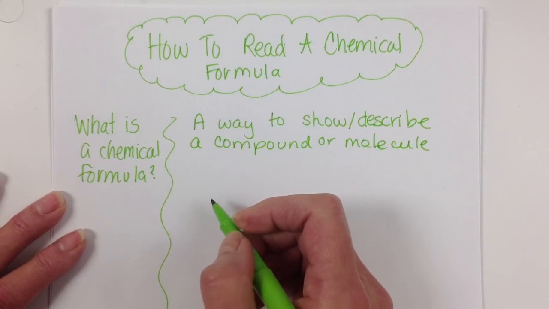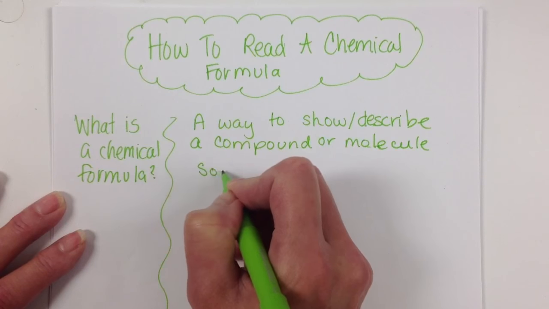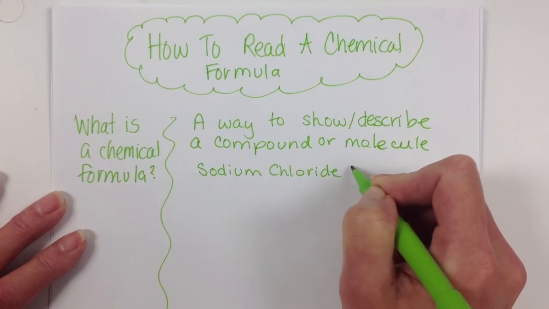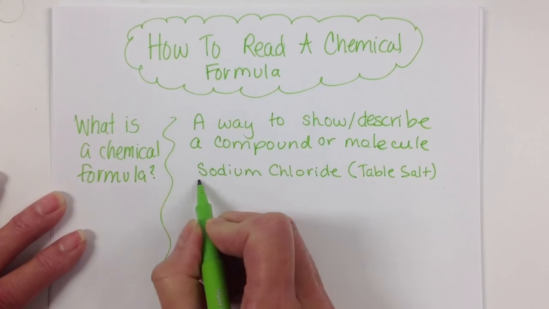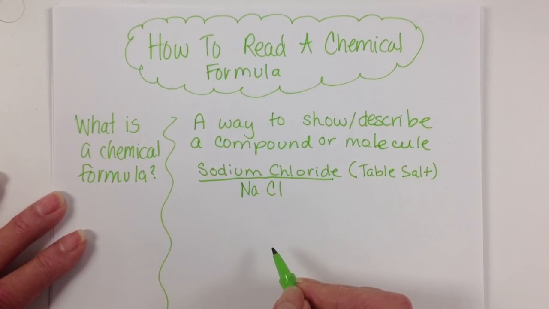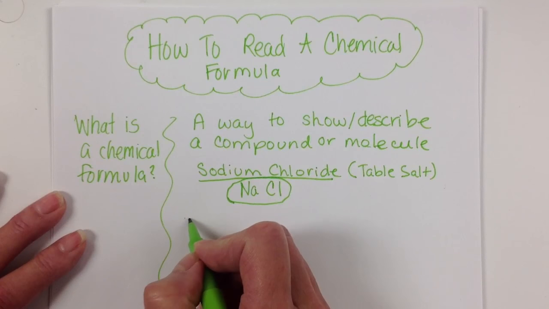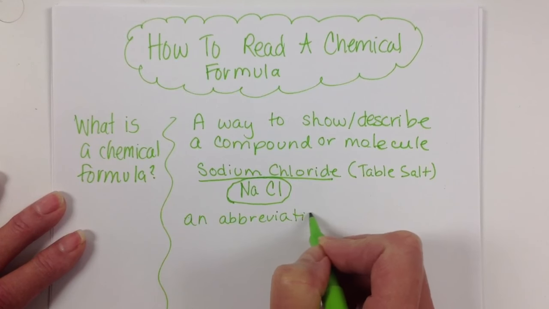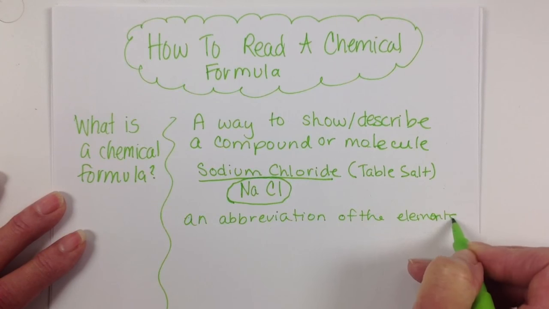So instead of the chemist always saying sodium chloride, which we always call at home table salt, instead of him having to say all that, he just says what? NaCl. That's your formula, right? So in essence, this is an abbreviation of the elements in the compound.